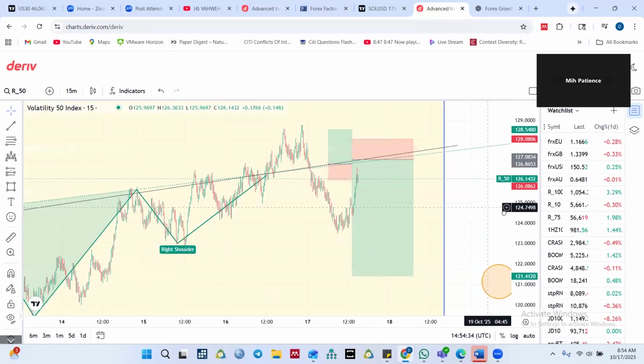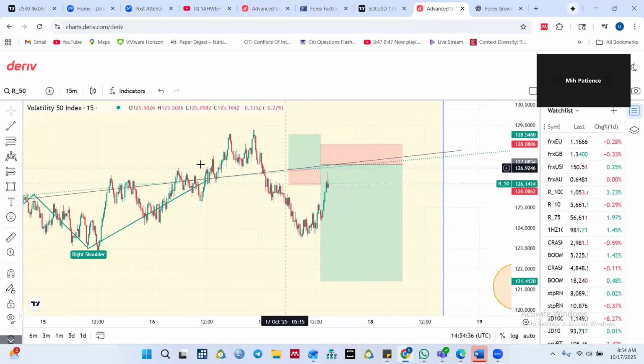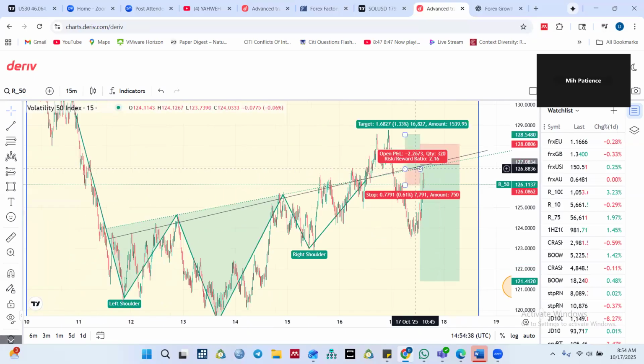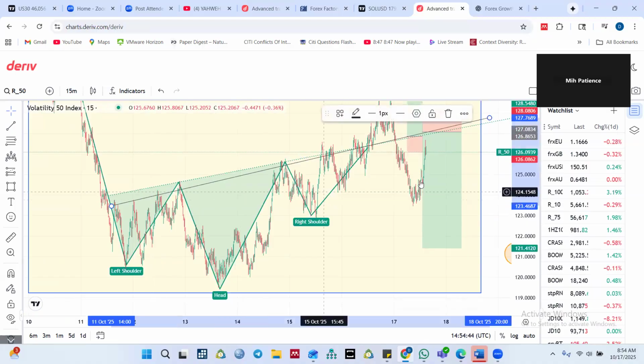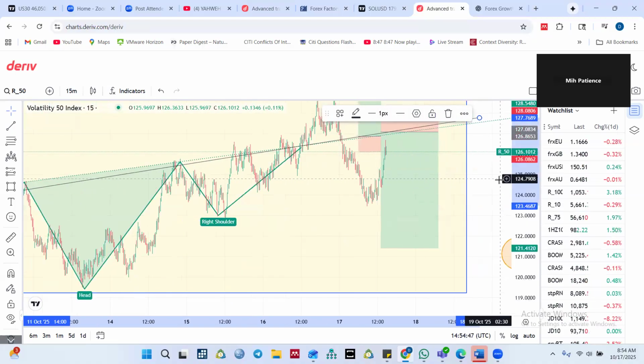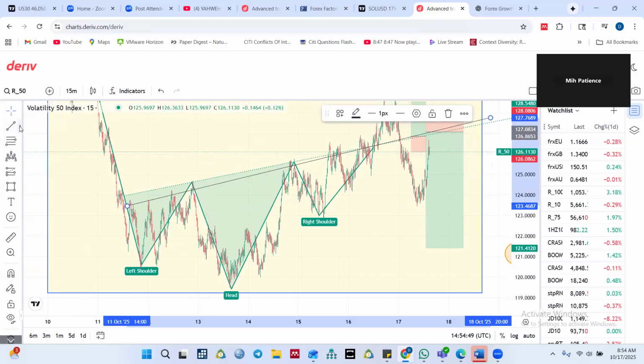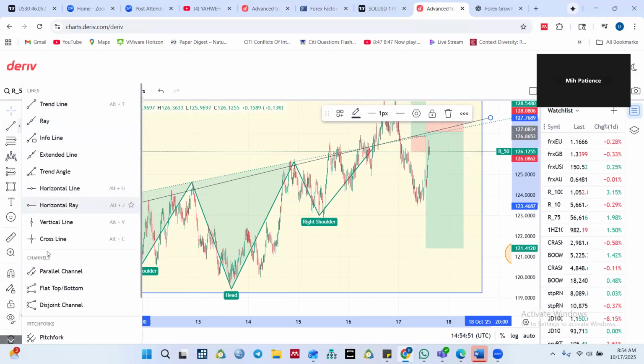So let's see if it will go above this diagonal resistance. The trend line is serving as a diagonal resistance, but we can also draw a horizontal resistance here.